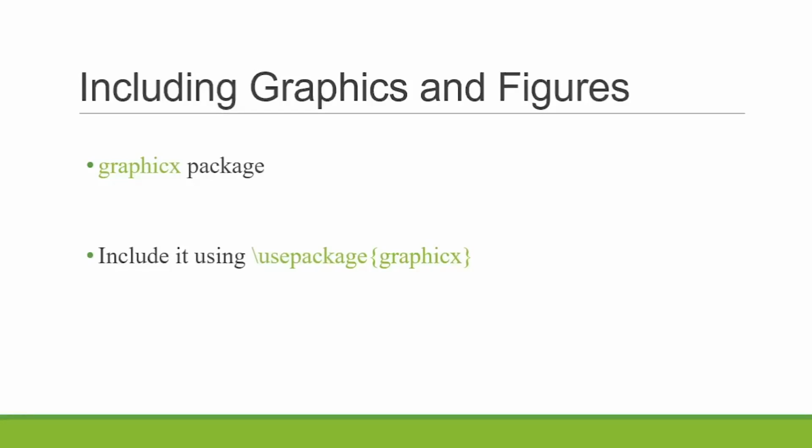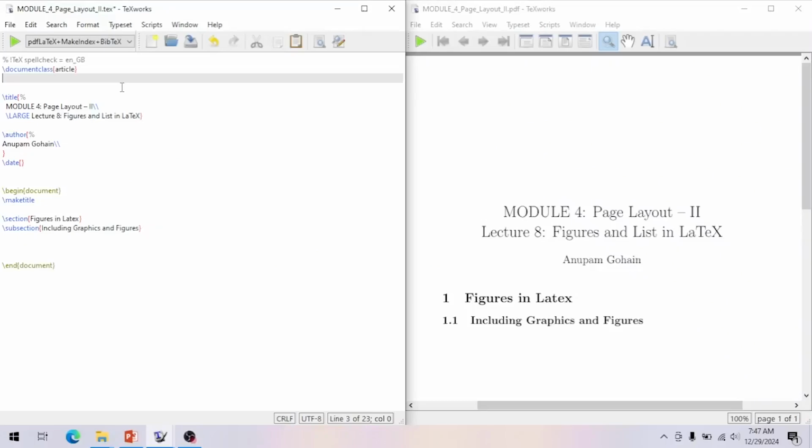Including graphics and figures. For including graphics and figures, we need to use the graphicx package. This graphicx package provides enhanced support for graphics. We include the package using the command \usepackage, then graphicx inside the curly brackets.